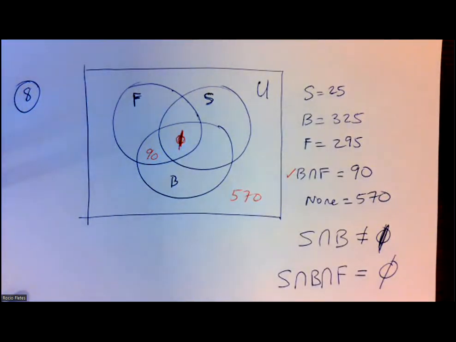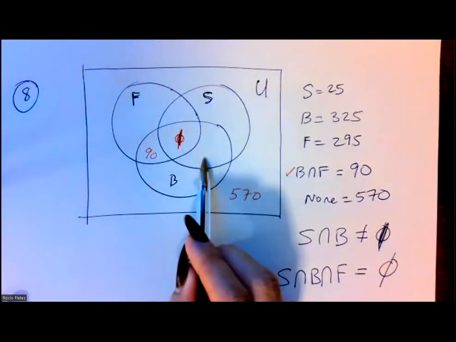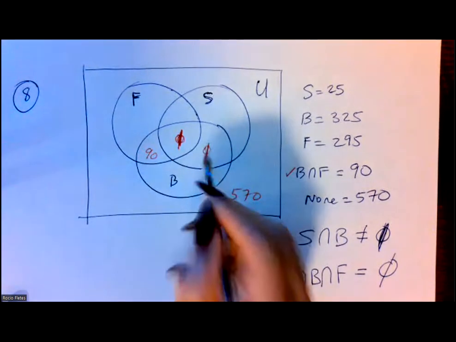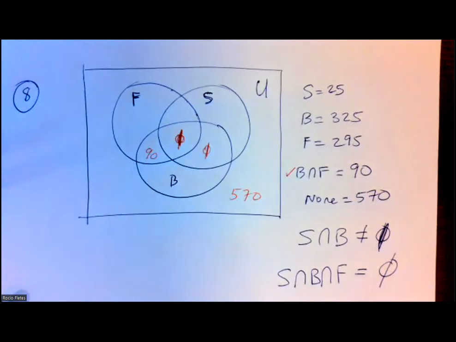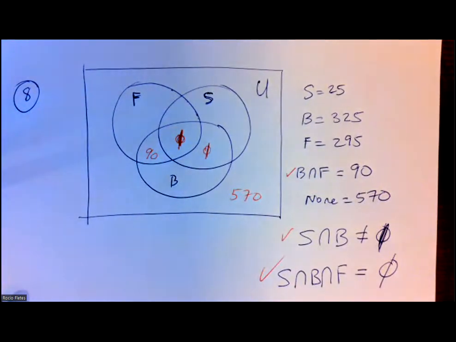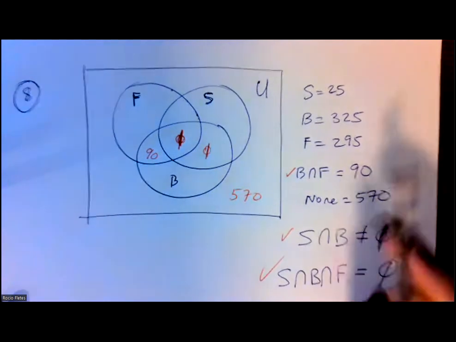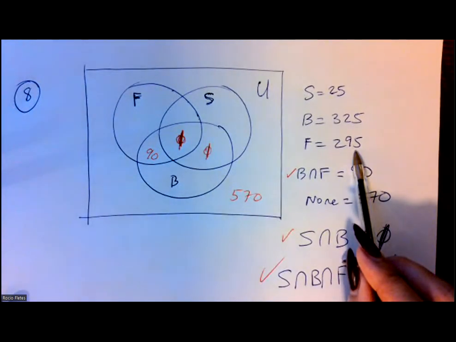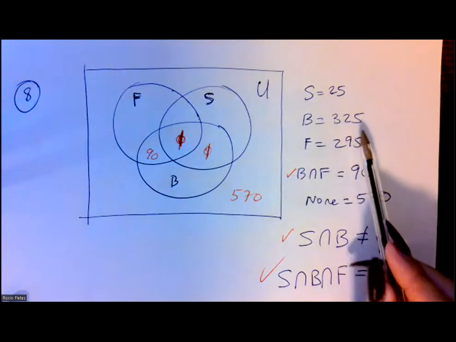What about B and S? What do we know about B and S? That's nothing here, so there's nothing there, B and S. Okay, so that's done. And then F is 295 and B equals 325.